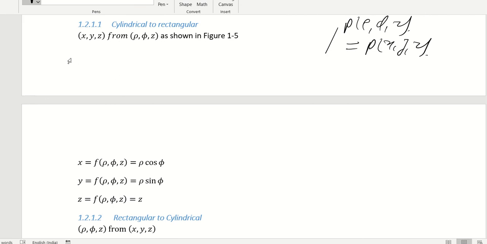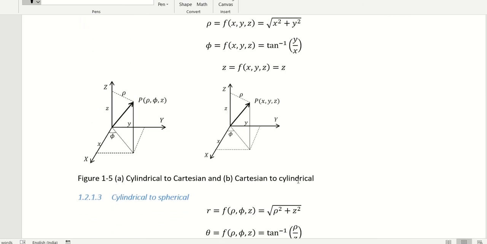I will show you the diagram and we will understand very easily. So x will be represented as rho cos phi, y as rho sin phi, and z as z. My point is, how is x equal to rho cos phi? That is the question. So we will show you.